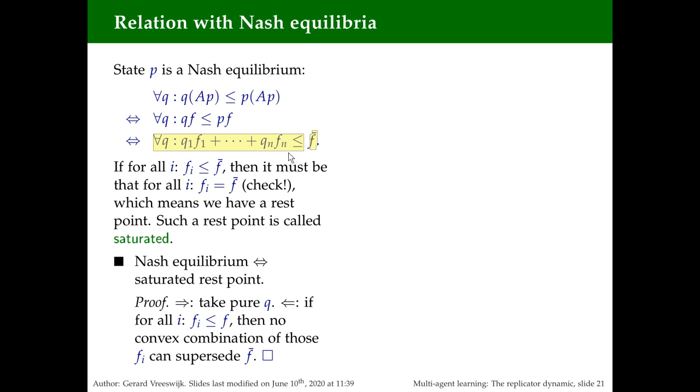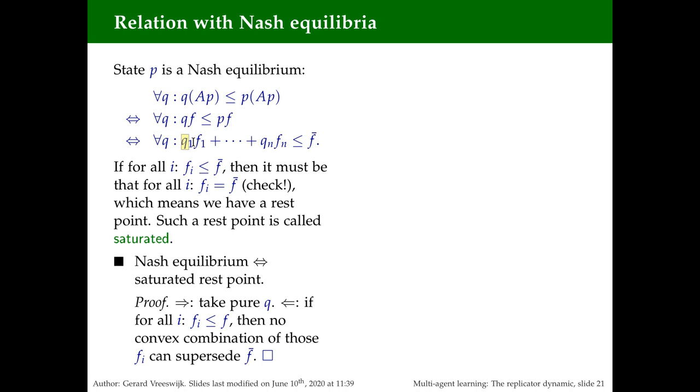So from Nash equilibrium to this one, you just take Q with all 0 and one Q_i equal to 1. Then you obtain equations of inequalities of this form. And the other way around, if you only have equalities of this form here, then of course no combination of those equalities can supersede the average fitness, because the Q_i are smaller than or equal to 1.